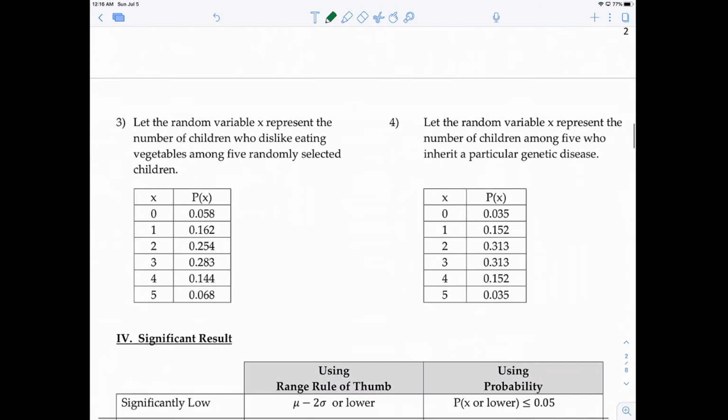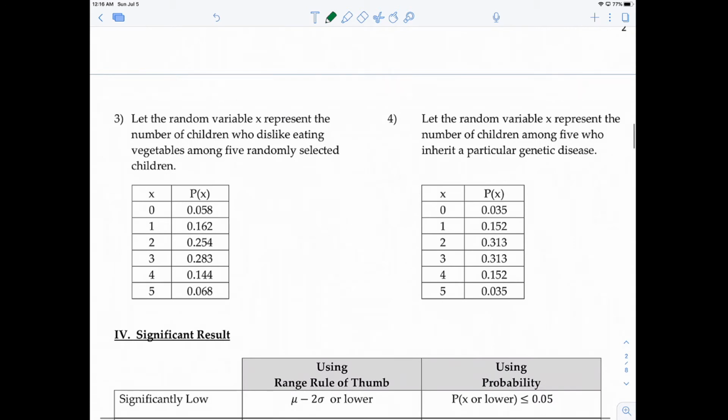If one of the requirements doesn't pass, then you would just stop there. So for example, as I recall, one of these is not a probability distribution. So if you check those 3 requirements and one of them doesn't pass, and it's not a probability distribution, you just stop. You don't have to calculate the mean or the standard deviation.